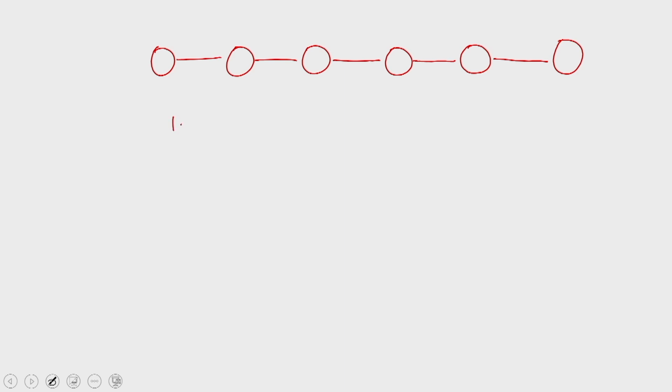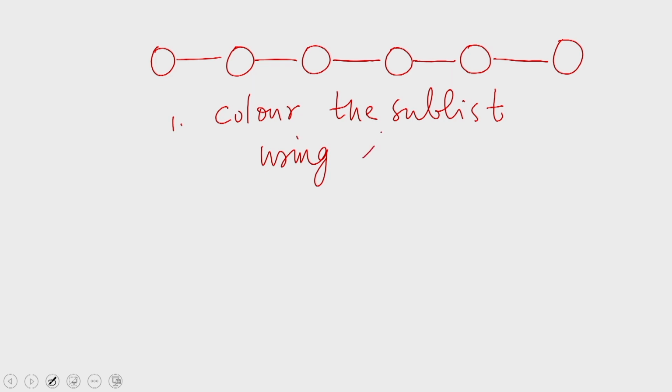What we do first is this: color these sublists using double log n colors. At most 3 steps of the symmetry breaking algorithm are enough to color the sublist with double log n colors.